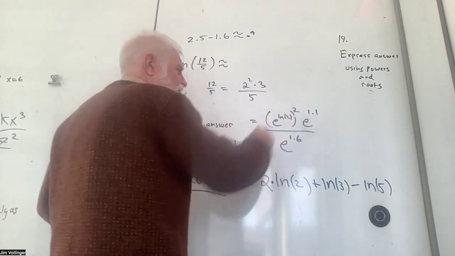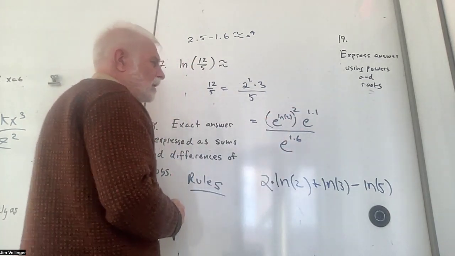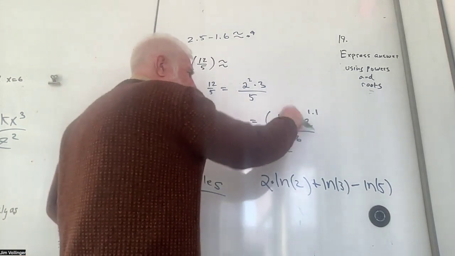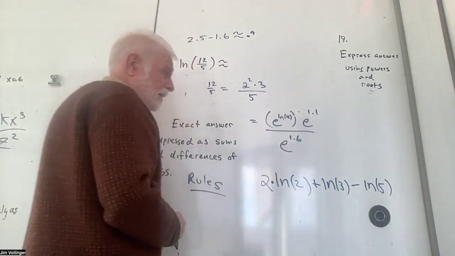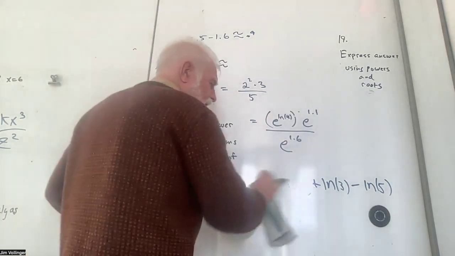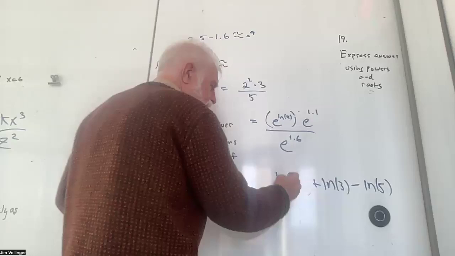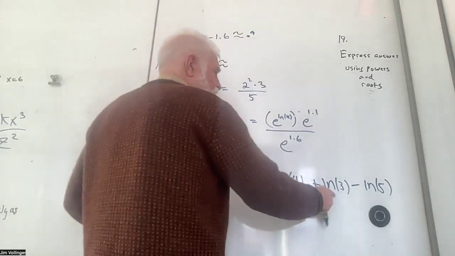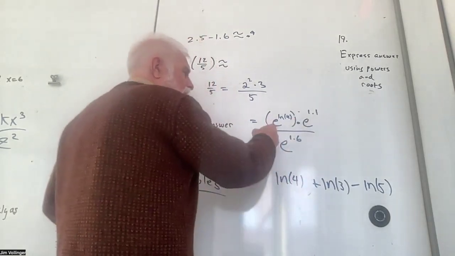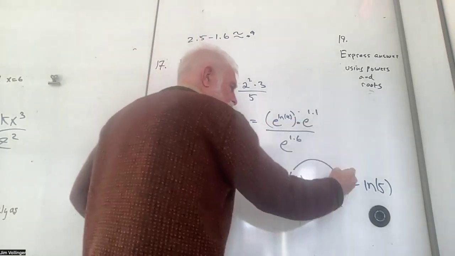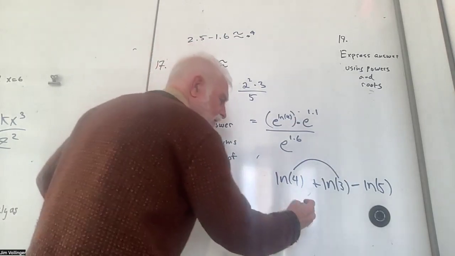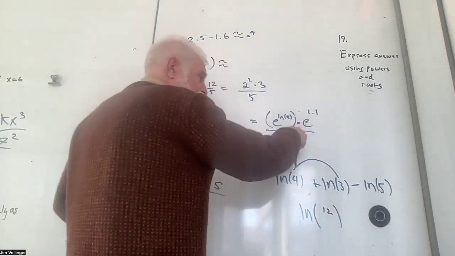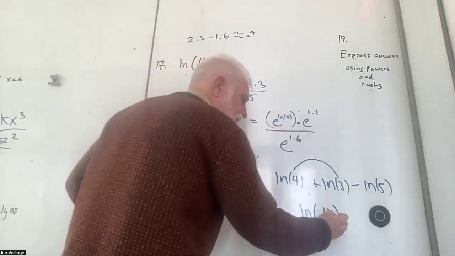I'm really multiplying 2 times the ln of 2, and that could also be written as the ln of 4. Okay, so this could have been the ln of 4. We'll change it again in a minute. And when I add exponents, there's an implication of a multiplication of quantities. So there's your 12. There's your ln of 12 right there. And subtraction implies division.